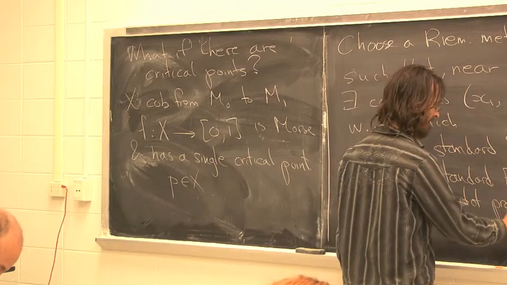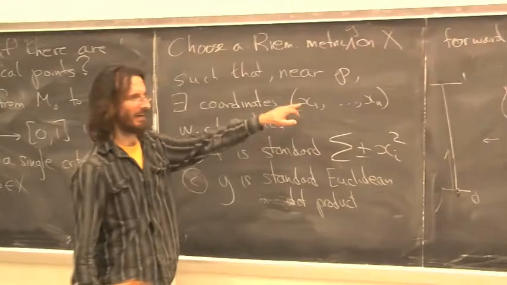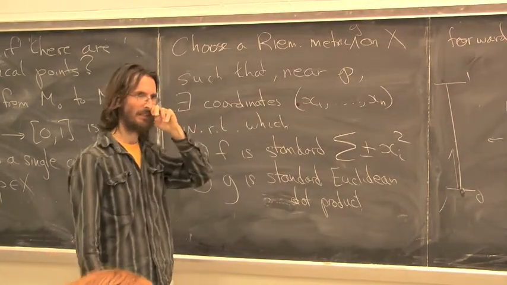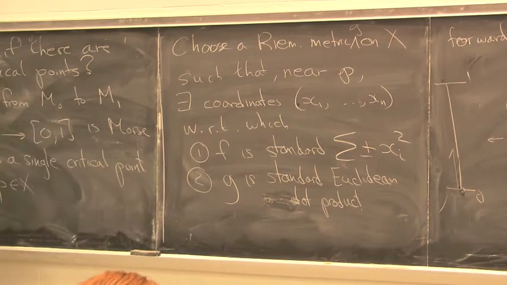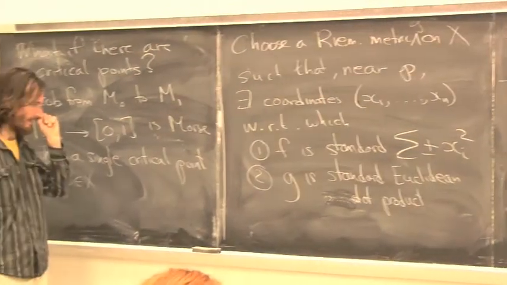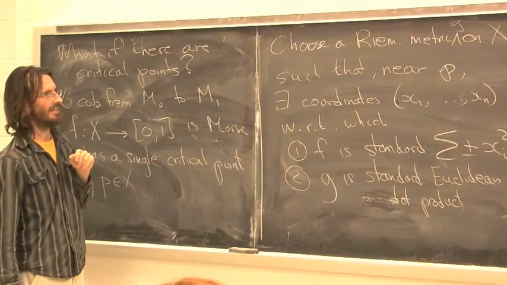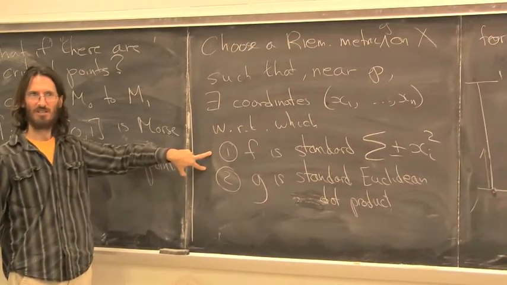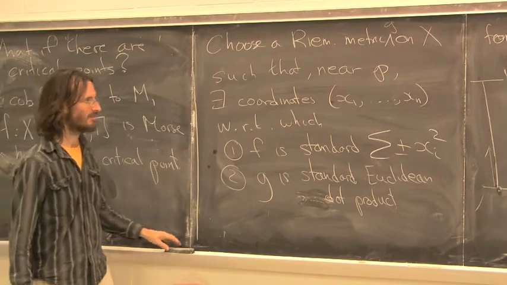So in other words, the inner product of ∂/∂xi and ∂/∂xj is δij. I'll show you why you can do this. It's not hard either, but before I do that, does everyone understand what I'm asking for? I'm asking that it's kind of special.